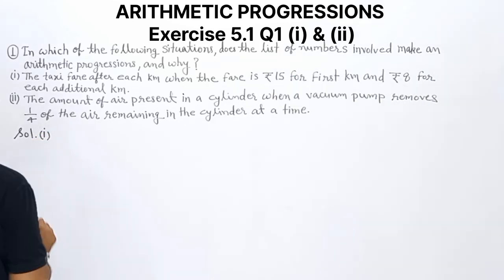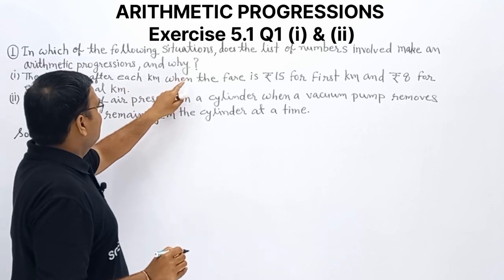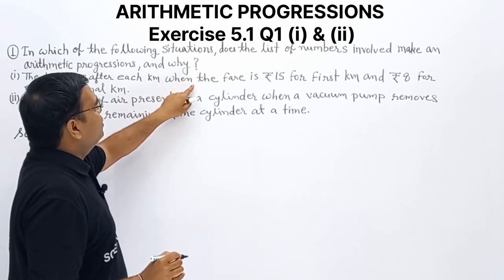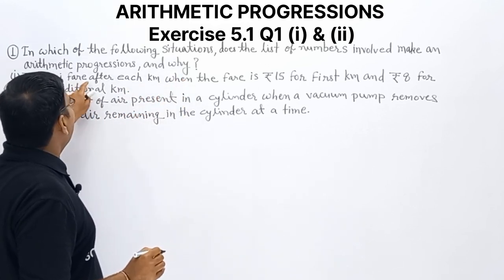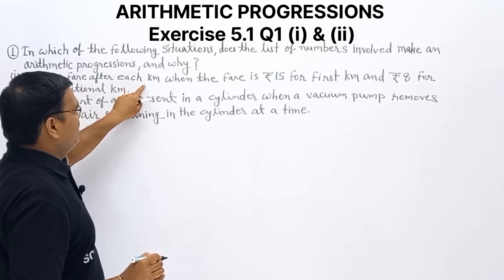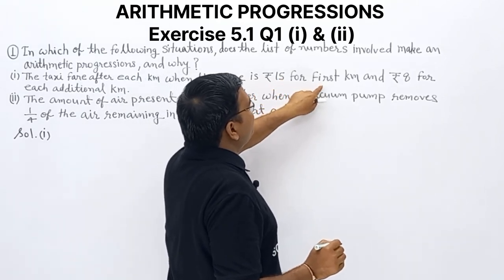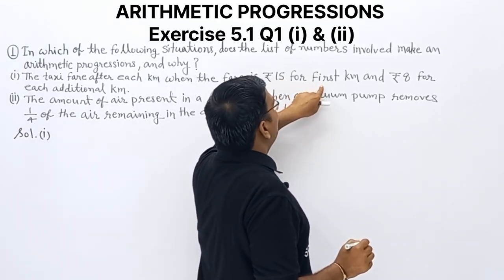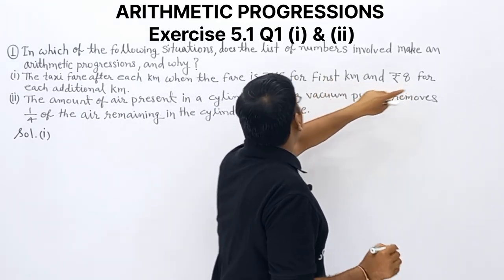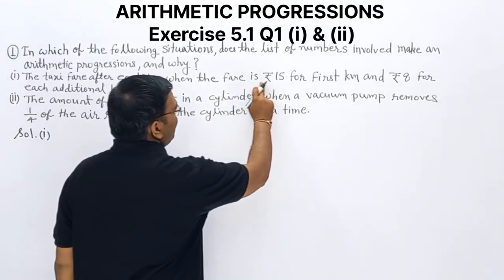Solution of the first one will be what? The taxi fare after each kilometer, when the fare is rupees 15 for the first kilometer and rupees 8 for each additional kilometer. So observe this carefully.